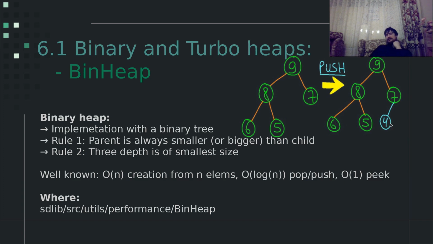What is also good to know: if you push something in it, for example 4, the 4 cannot end up below the 6 or the 5 here, despite that keeping rule 1, because that's making the tree too deep. So first we need to fill every line of the tree and go on and on. That's how it works. I don't go into details because this is a well-known data structure, but it's implemented for us. You should know how to use it because it's there.